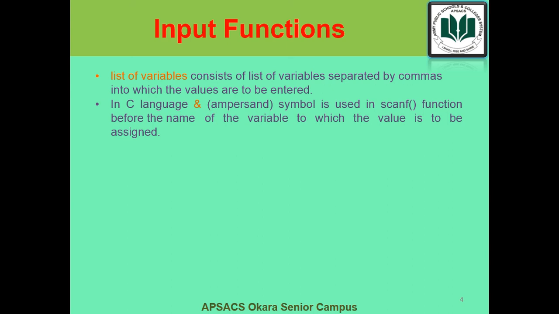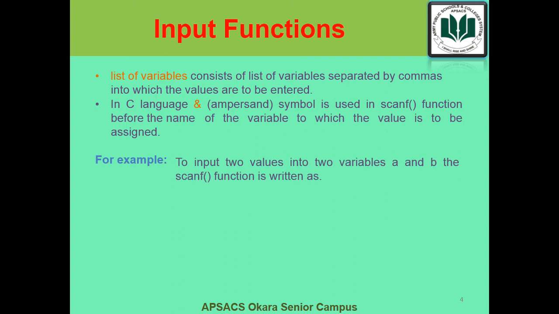In C language, the ampersand sign, the "and" sign that we use in English, is used in the scanf function before the name of the variable to which the value is to be assigned.